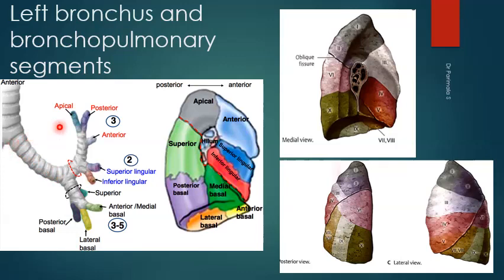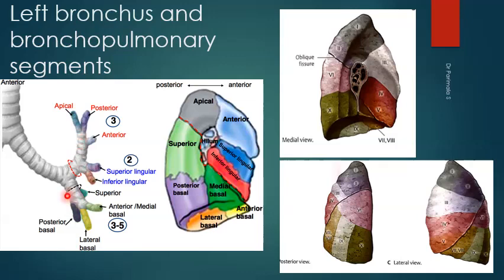So the pulmonary artery will be in this direction like this. The whole bronchus will pass below the artery and undergoes hyparterial course only. Whereas an eparterial bronchus is seen on the right side, on the left the entire course is hyparterial.